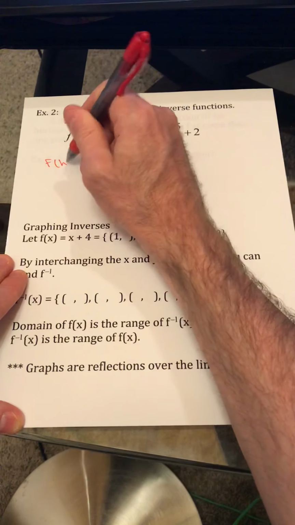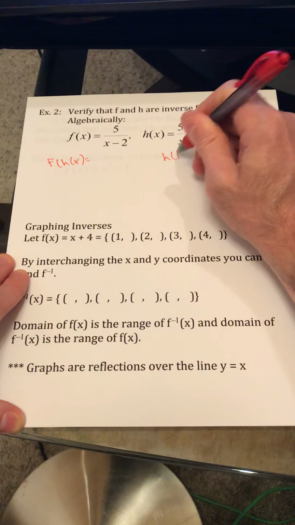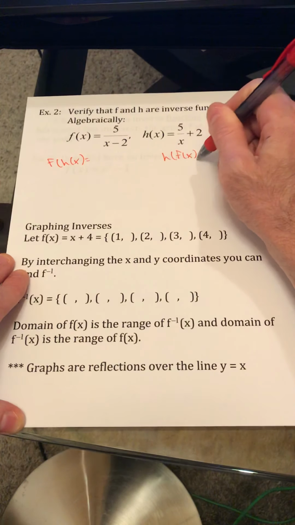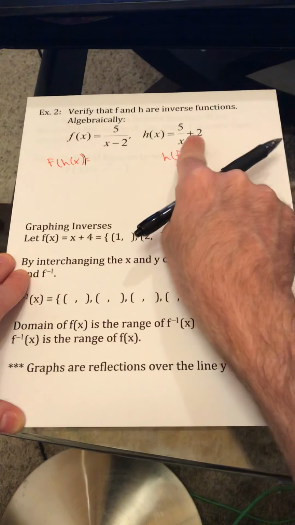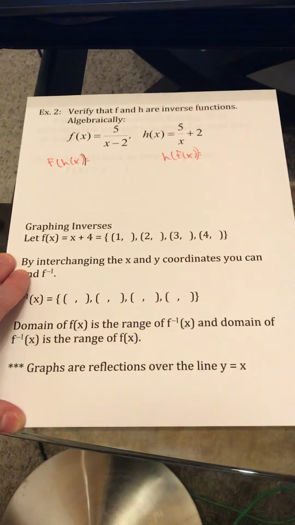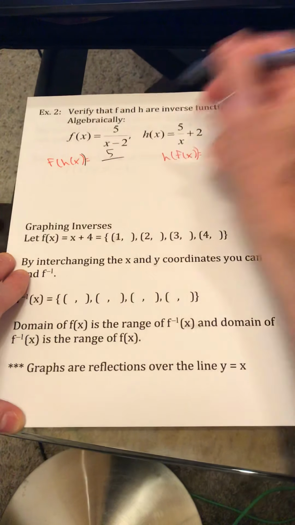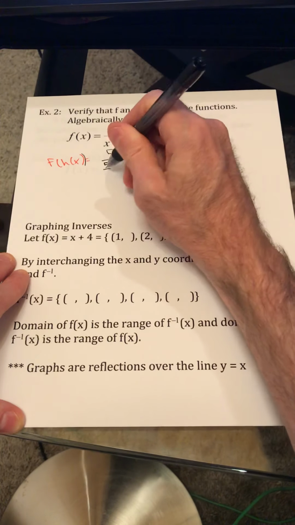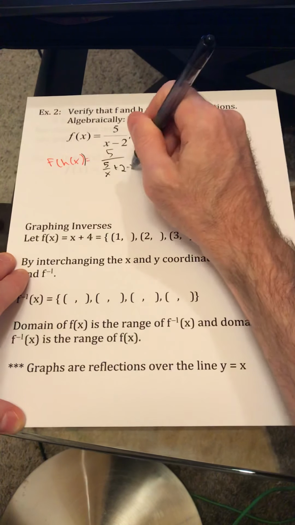We have to find f of h of x and h of f of x. So when we plug h into f first, we get 5 over x plus 2 minus 2.